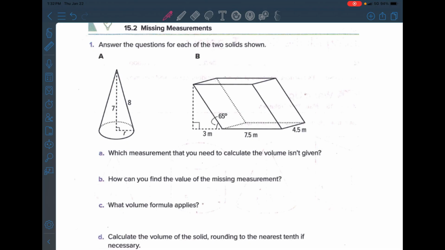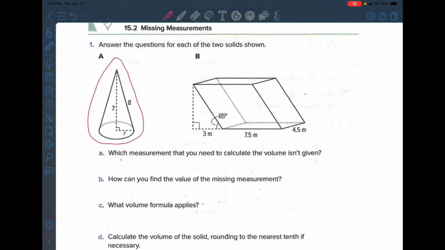On the second page, it says answer the questions for each of the 2 solids. It says which measurement that you need to calculate the volume isn't given. So on A, which measurement do we need to get the volume that we don't have? Tell me that.